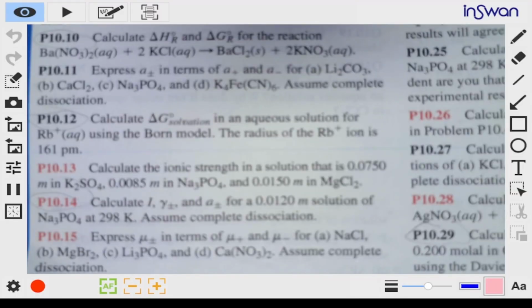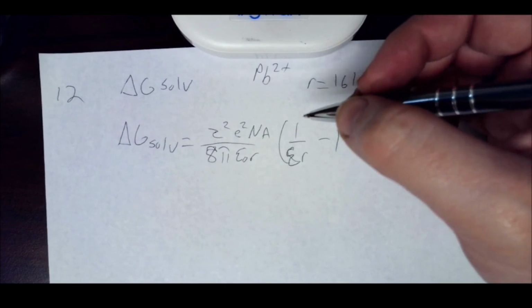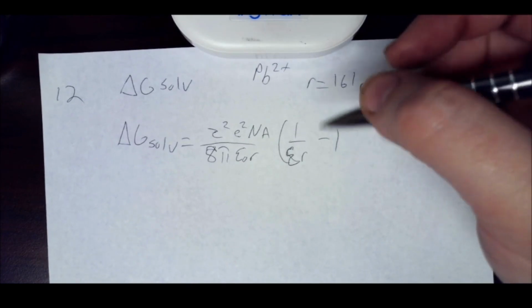Problem 12. Calculate the Gibbs of solvation in the aqueous solution for rubidium plus aqueous using the Born model. The radius for the rubidium ion is 161 picometers. Number 12 is largely just a careful watching of units.